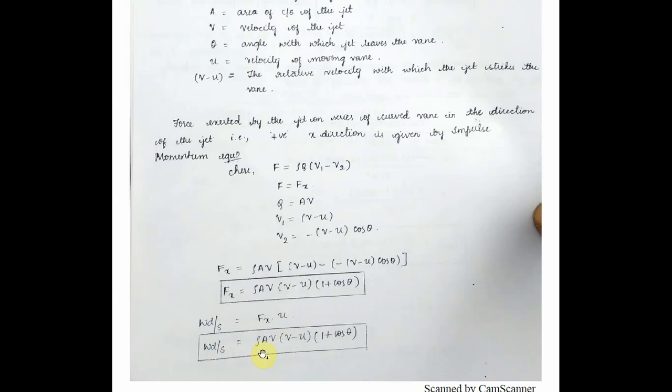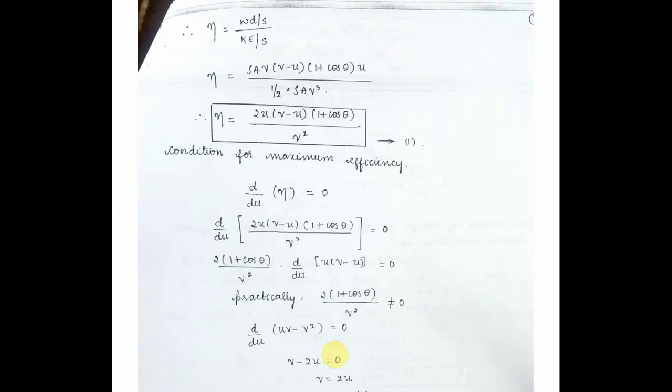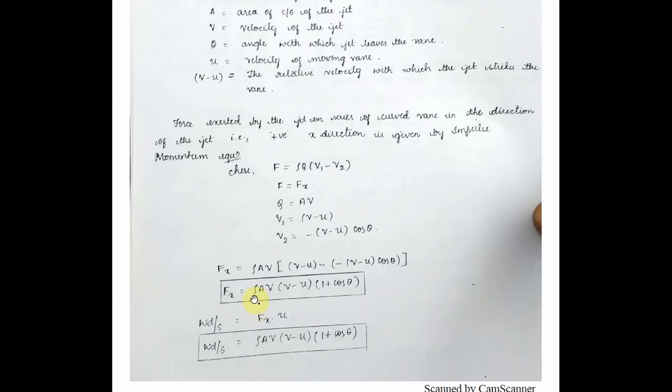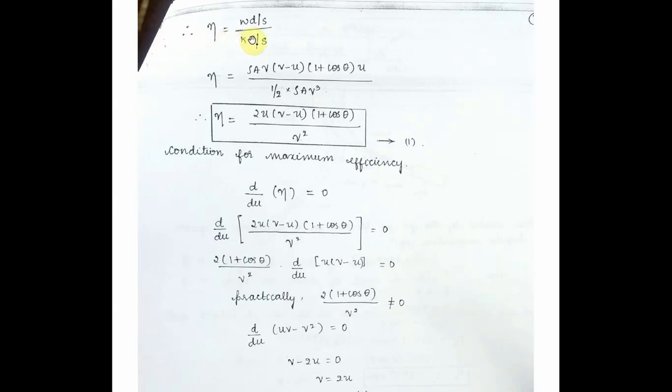So work done per second is equal to rho into A into V into V minus U into 1 plus cos theta into U. Therefore efficiency eta is given by work done per second divided by kinetic energy per second, which is half into rho into A into V cube.